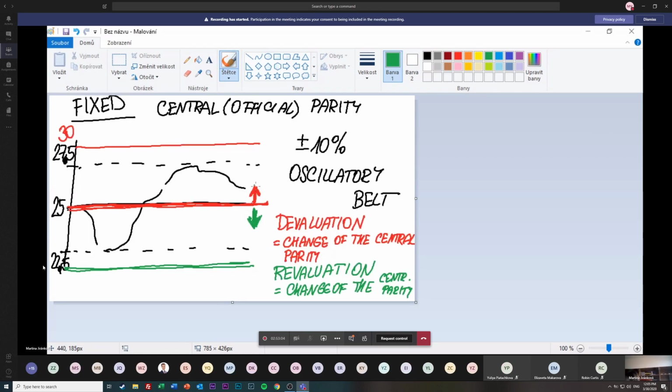If me as a spokesman of the central bank will say, so now we are deciding to do the change of the central parity to 20 from 25, it will be revaluation.